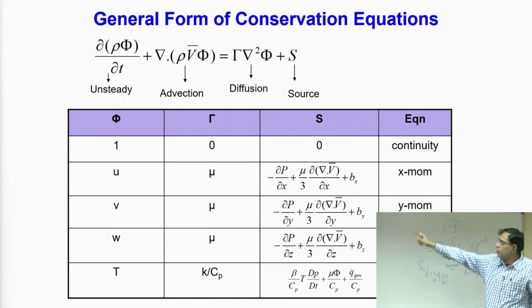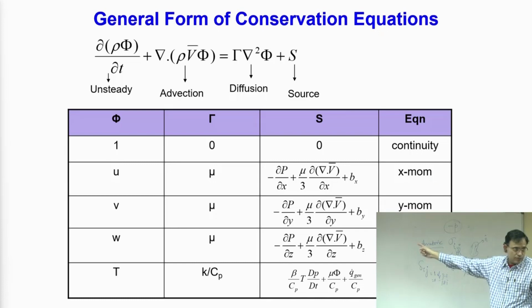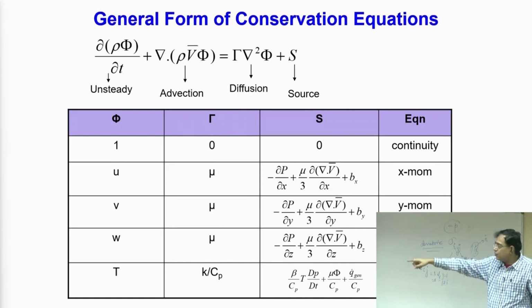If you put phi equal to 1 and gamma equal to 0, it is the continuity equation, conservation of mass. Phi equal to u and gamma equal to mu, you get the x momentum. That means Newton's second law along the x direction. If you write phi equal to v and gamma equal to mu, you get y momentum, and w for z momentum.